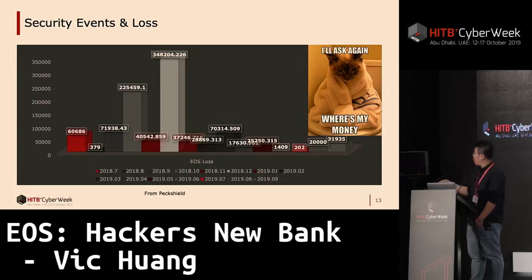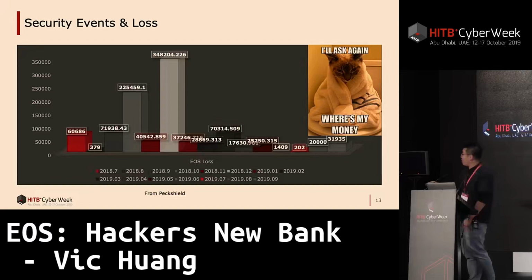It's over 113 events and about 1 million EOS lost in 2 years. If we say 1 EOS is 3 US dollars, we lost 3 million USD in two years. It's quite horrible.